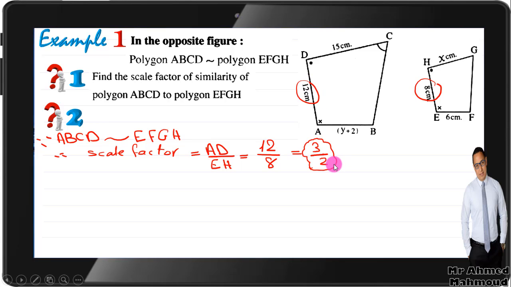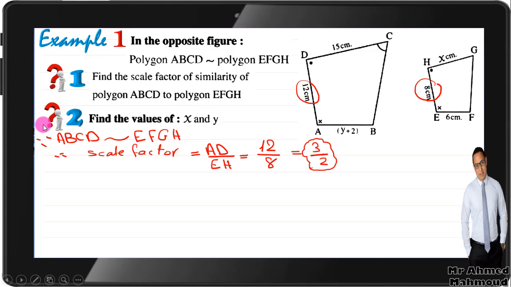In both cases the answer is correct. So the scale factor is 3 over 2 or 3 to 2 or 2 over 3, but it's better to start according to the order he gives you. He starts with A, B, C, D, so it's better to start with 12 over 8.